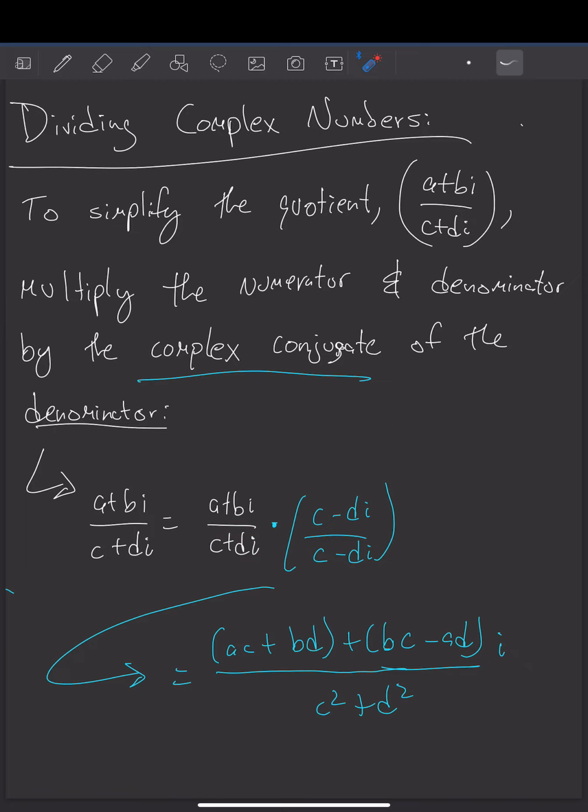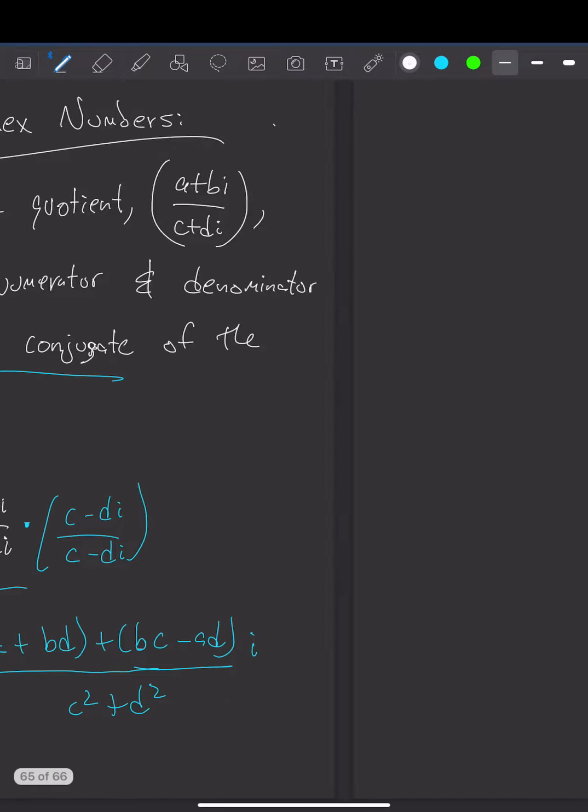The conjugate is the same as the bottom, but the only thing that changes is the sign, which is negative. So it'd be c minus di, and you should get something like this as your new problem.